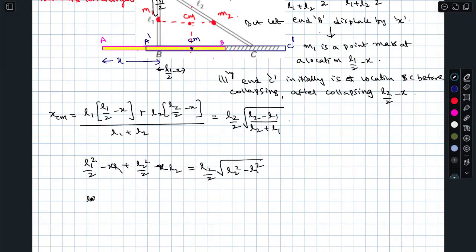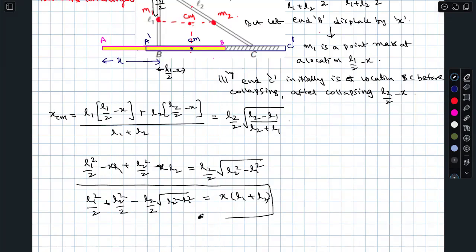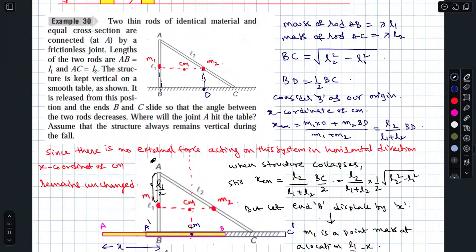So L1 square by 2 plus L2 square by 2 minus L2/2 times root L2 square minus L1 square is x times L1 plus L2. With this you'll get x.